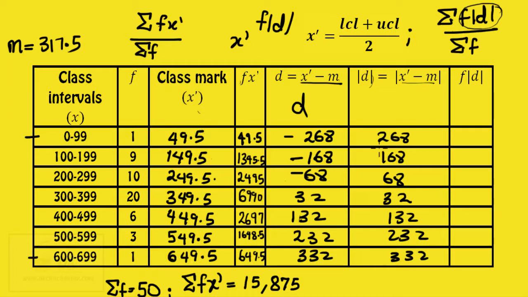So 1 times 268 is 268. 9 times 168. I'll be circling them to make it clearer.